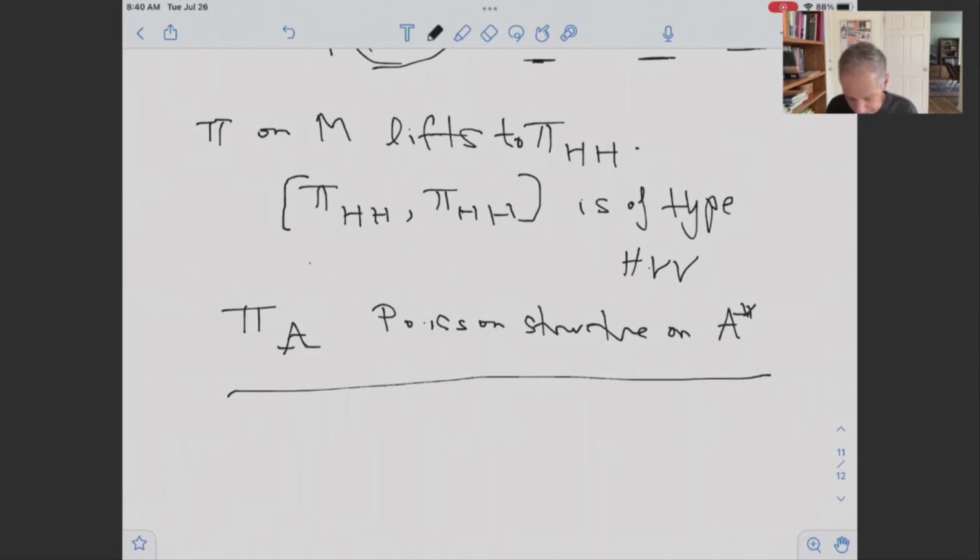And actually, you don't even need a Lie algebroid to have a Poisson structure. So roughly speaking, the Poisson structure is such that its vertical part is given by the bracket of the sections, and the horizontal-vertical part is given by the anchor, and the horizontal part is zero.